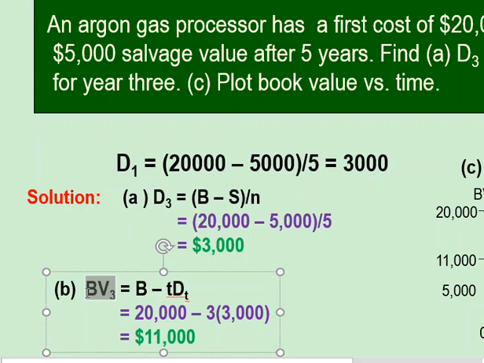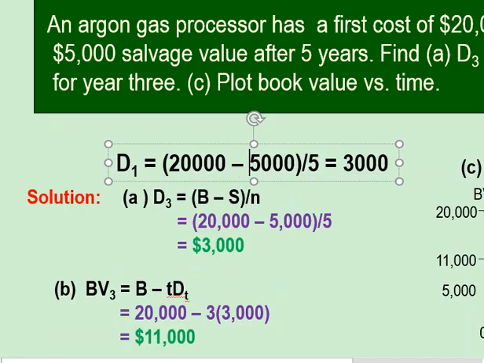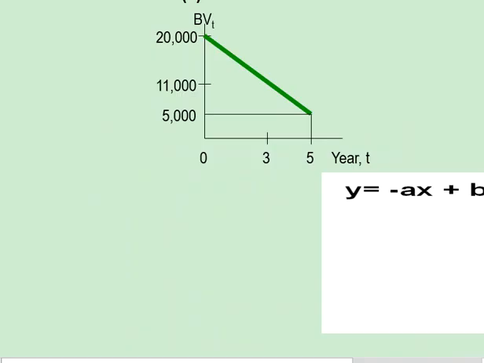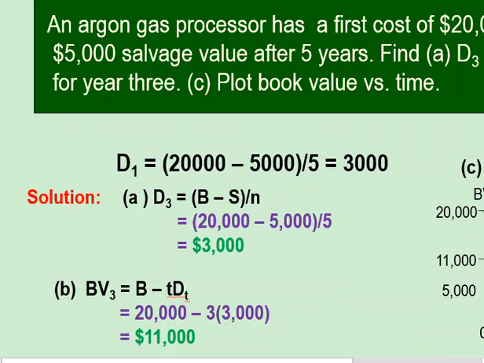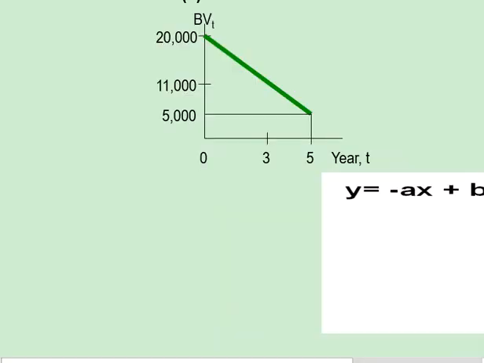Book value is changing. Why? Because T is changing here. This is constant, dt is constant. You do it once and it's forever. B is always constant. BV is changing.